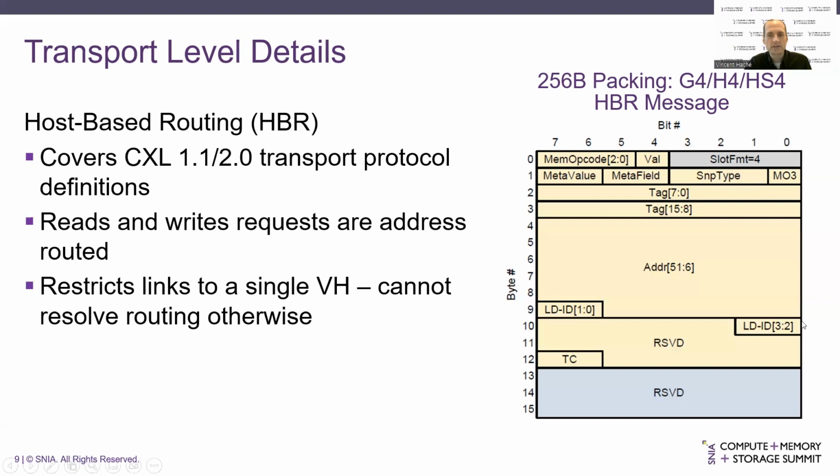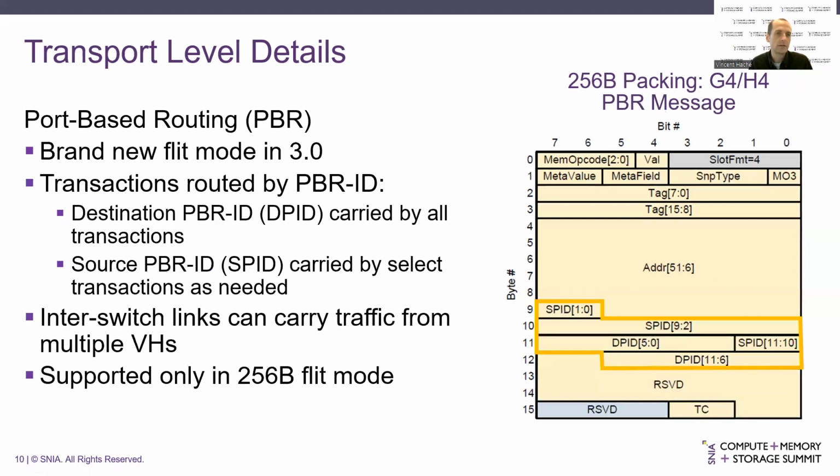This big address field in the transaction shown on the right here is what's used for routing purposes. So obviously something needed to change to be able to support traffic from multiple hosts passing on individual fabric links. What's been defined is a brand new flit mode in 3.0 called port-based routing, or PBR for short. In this mode, transactions are routed by that ID that I referred to earlier, which is called a PBR ID.